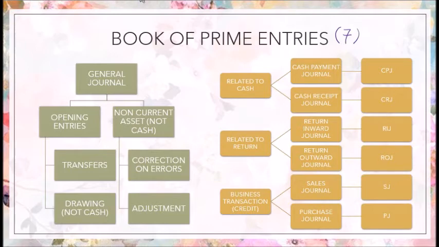The journals related to cash: there are only 2 types. When you make payment, you go into the cash payment journal, CPJ. And when you receive money, you go into the cash receipt journal, CRJ.